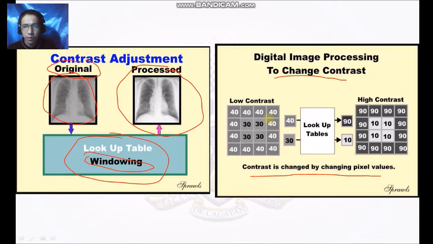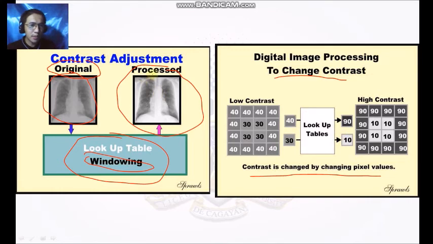Okay, so the more X-rays that you give to the patient, the more X-rays that will be received by the PSP, the more light that the PSP will release, the more light signal that will be collected by the collecting element, and the more electrons will be converted into a digital signal. So that means a higher value for our pixel.